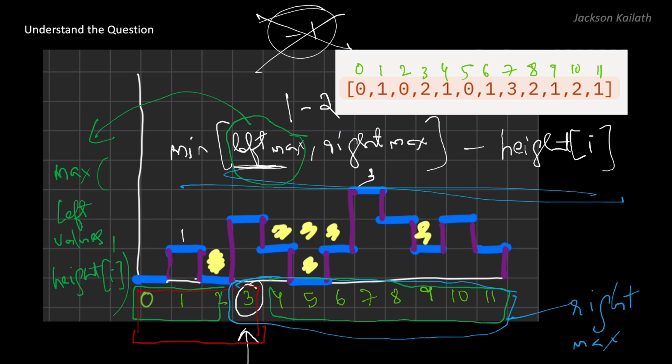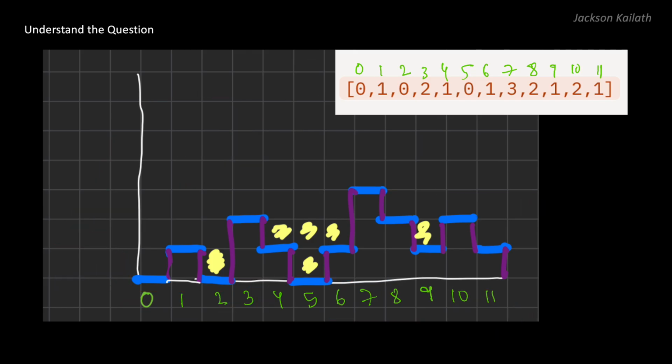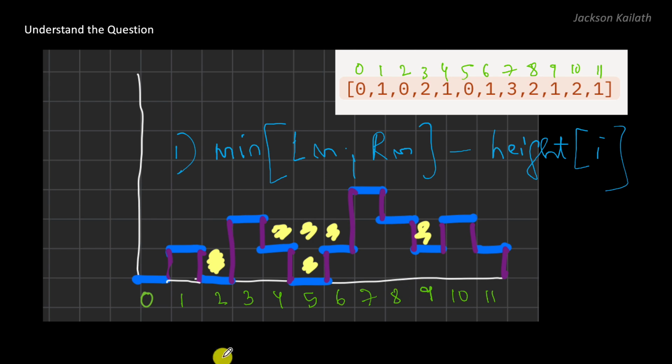Okay, so let me quickly summarize the observations that we have made so far. The first observation that we made is that to find the water that we can store at a particular index, all that we need to do is find the minimum between left max and right max, and from this we'll have to subtract height at index I. Okay, now the second thing that we've discussed is how do we compute left max and right max, or what are the values that we consider when we try to find left max and right max. And we've discussed that, let's say we are trying to find left max and right max for index 4.